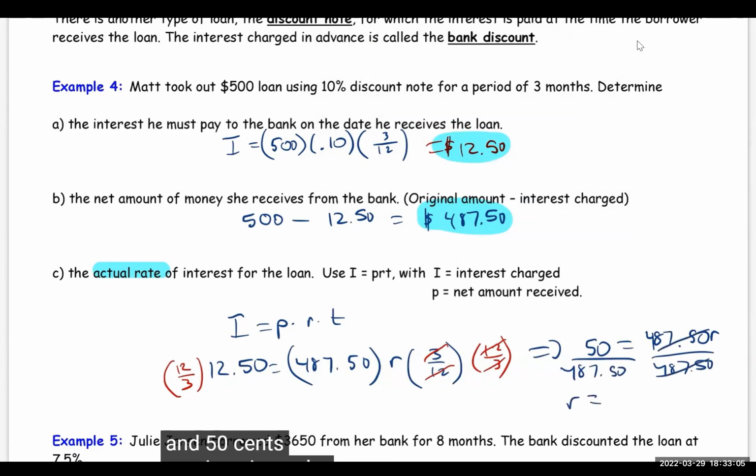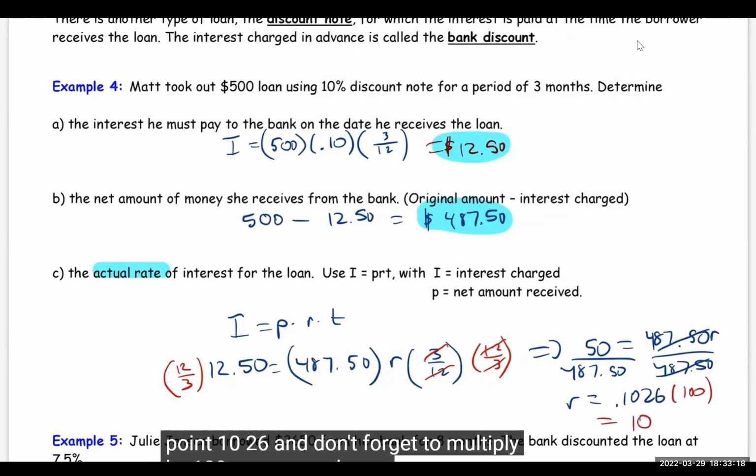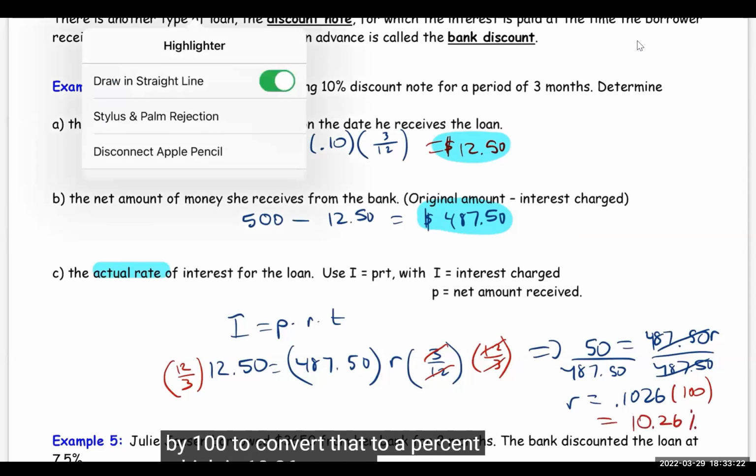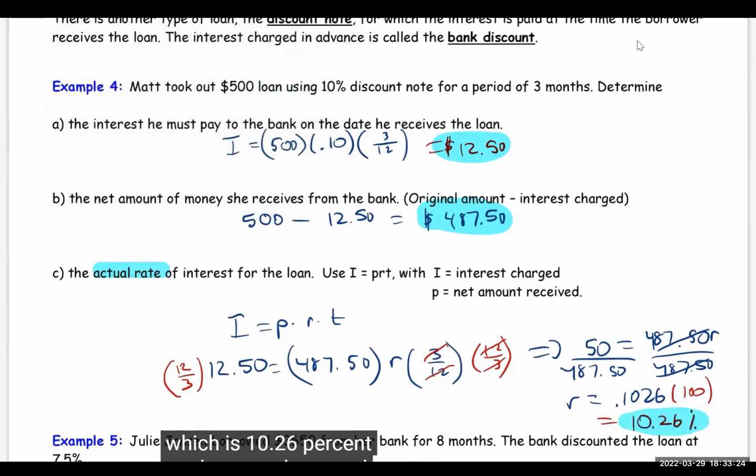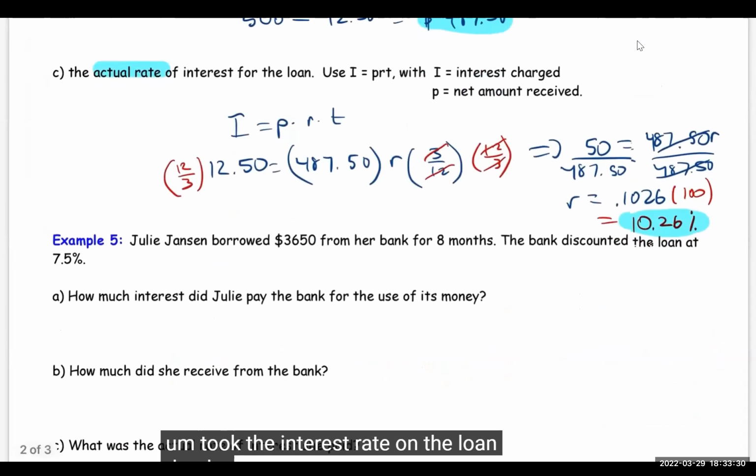So R is going to be 50 divided by 487.5, which is 0.1026. And don't forget to multiply by 100 to convert that to a percent, which is 10.26%. So that was the actual interest rate on the loan that he borrowed.